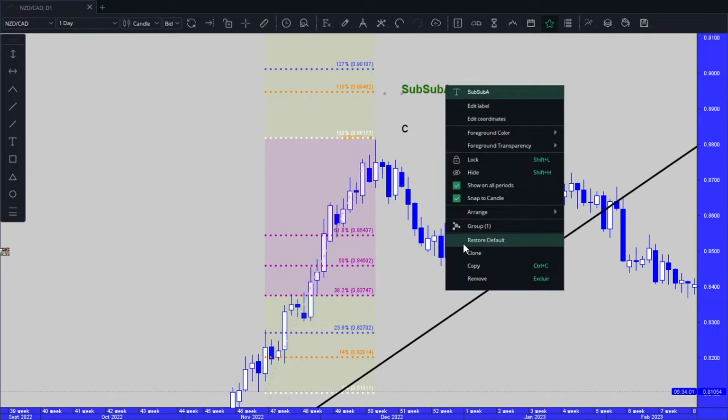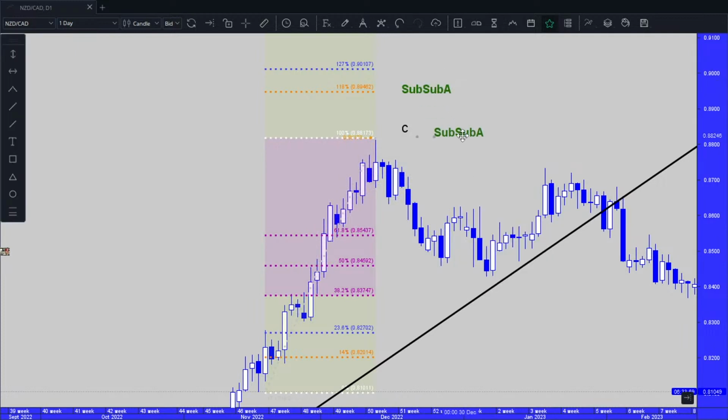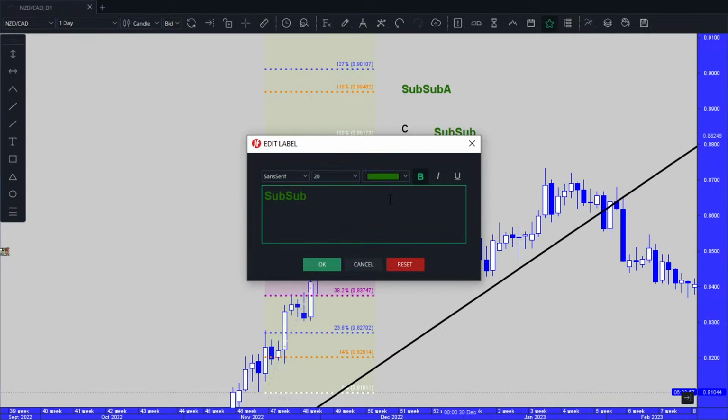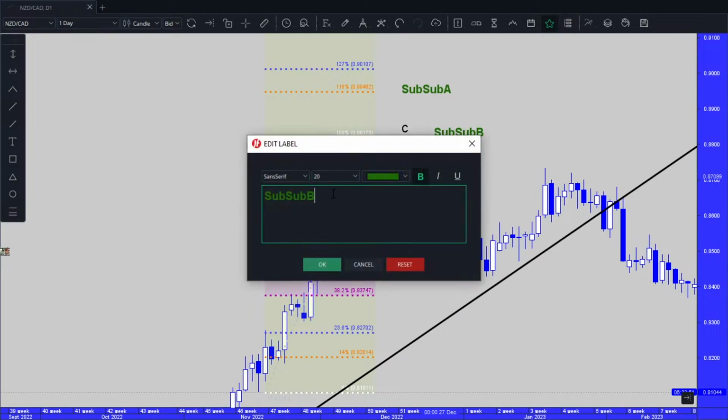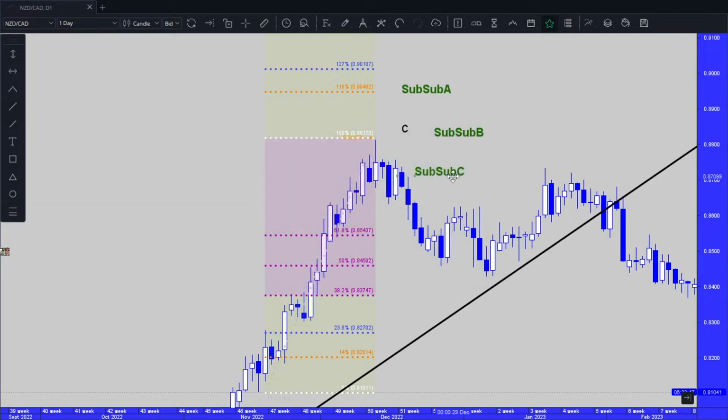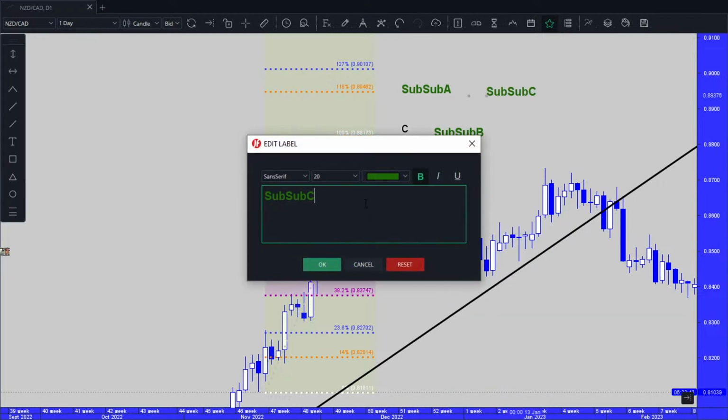And then we're going to clone. This is going to be sub B, and then we're going to clone, is going to be sub C, and then we're going to clone, and this is going to be sub D.